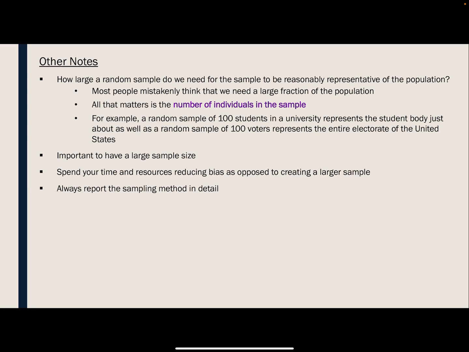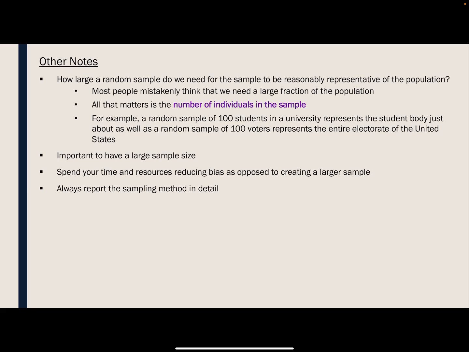All right, just one more quick thing. And I know it's at the end, but that doesn't mean it's not important. One other quick idea is that when we talk about what size of sample we take, a lot of times there's a misconception that the larger the population you have, the larger your sample needs to be.